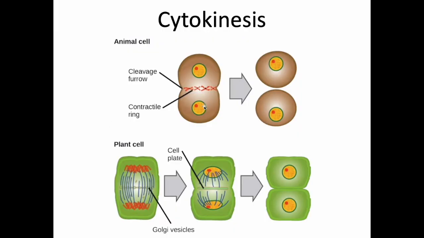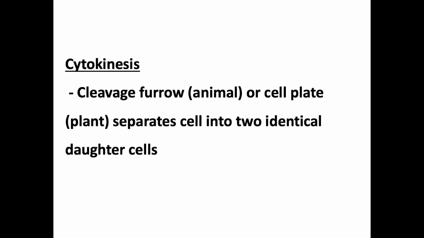In an animal cell, where there's no cell wall, this involves the formation of something called a cleavage furrow, which just has to pinch the membrane in two. In plant cells, which do have a cell wall, you have to build this wall down the middle, more similar to what we saw with bacteria. You build this cell plate down the middle, and then you pinch off the membranes. But either way, you're going to end up with two identical daughter cells as you finish cytokinesis.